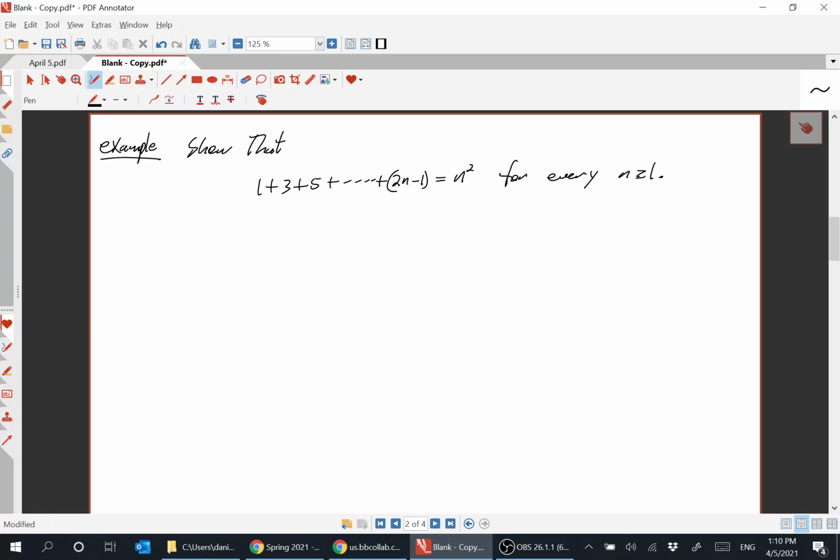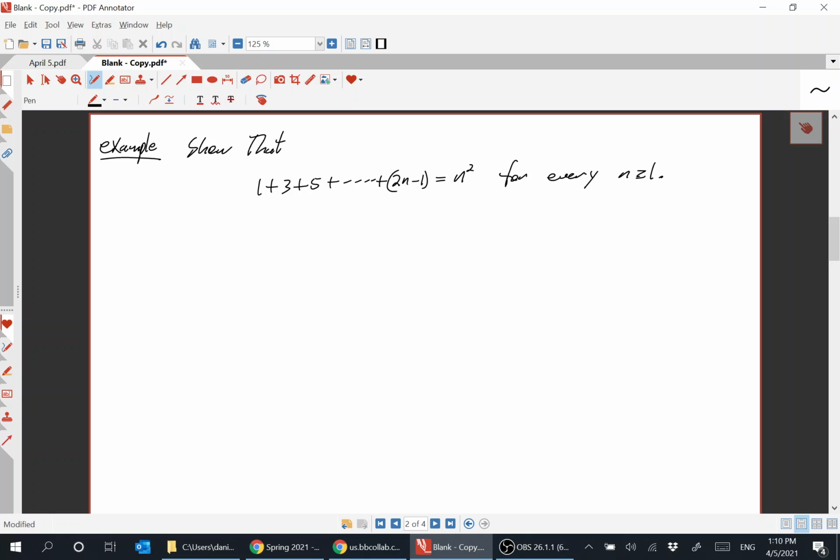Show that the sum of consecutive odd numbers is n squared for every n bigger than or equal to 1. Right? From 1 up to 2n minus 1, that's n squared for every n bigger than or equal to 1.